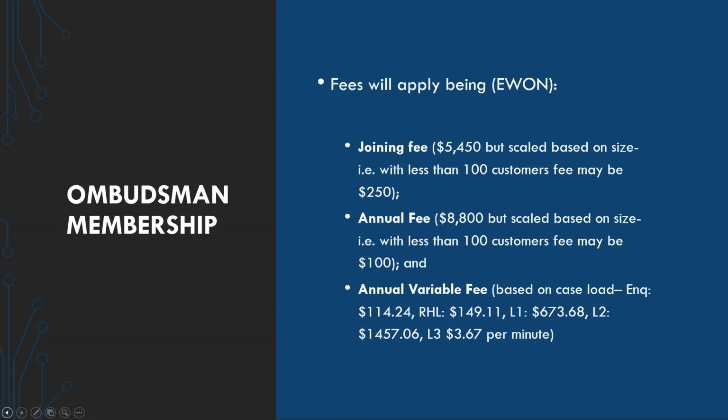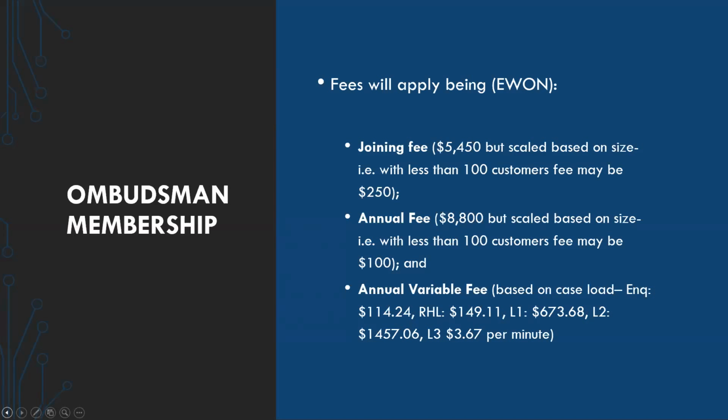But E1 is proposing to have a scale based on the size of the embedded network, and the indicative pricing they gave us yesterday is that if you have less than 100 customers, the fee will be $250 to join and $100 as an annual fee.